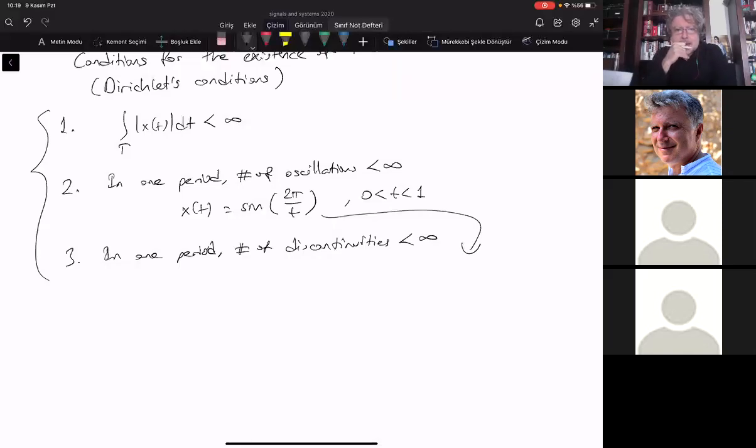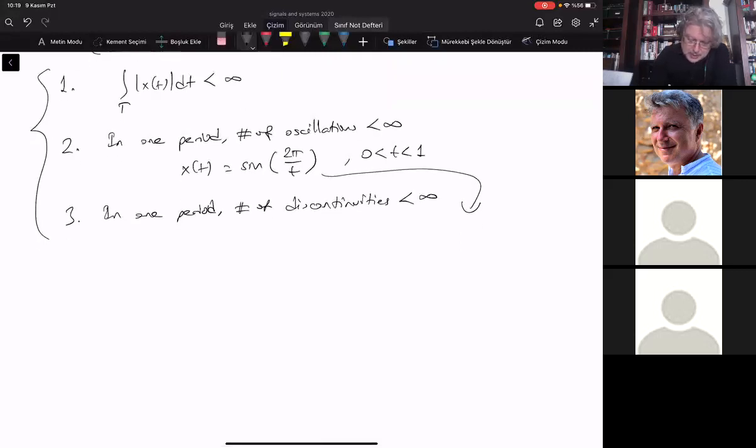All right. So we were discussing the conditions of the existence of Fourier series. Now we will continue with another interesting property of Fourier series, which is also known as the Gibbs phenomenon for discontinuities.